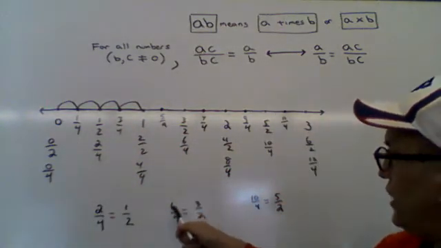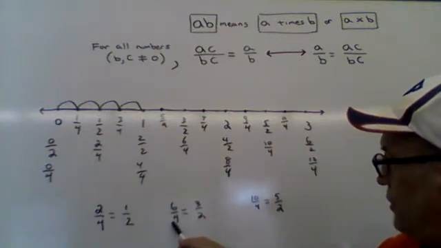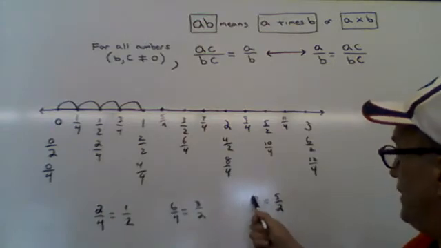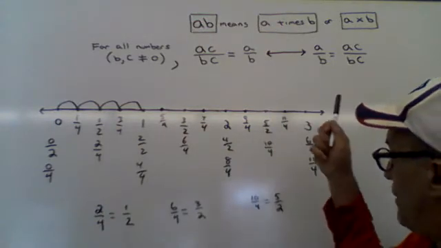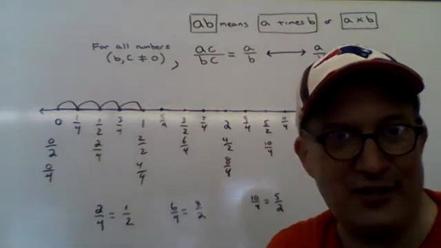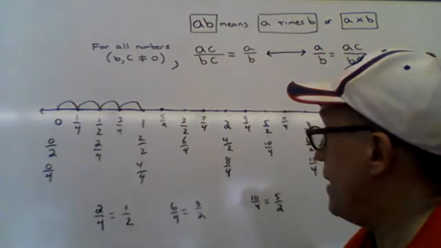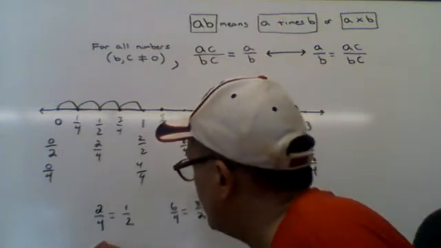The 6/4 is the same as the third half. And the 10/4 is the same as the fifth half. They are the same points on the number line, so they're equal. Let's look at this 2/4.